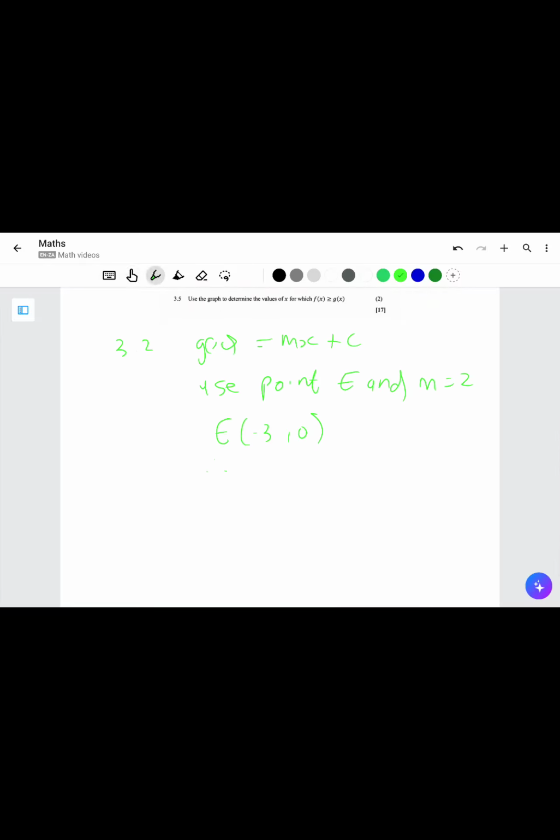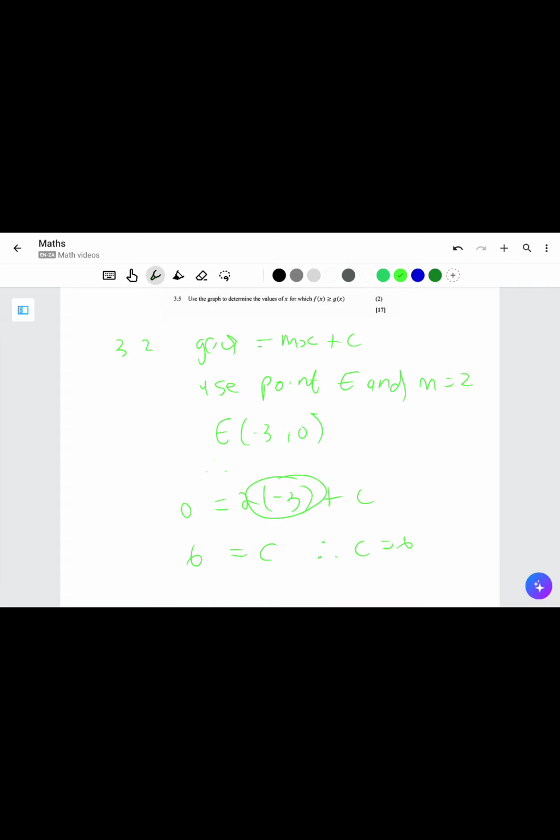We know that our y value is 0, our m we know is 2, and x is negative 3, and the only thing we don't know in this case is our c value. So if we take the negative 6 over, it's going to give you a positive 6. So therefore c equals 6.